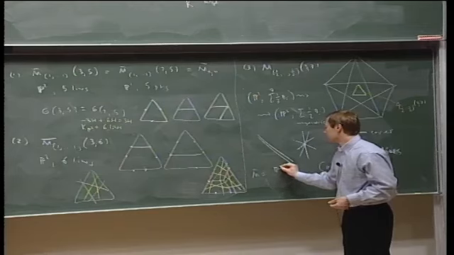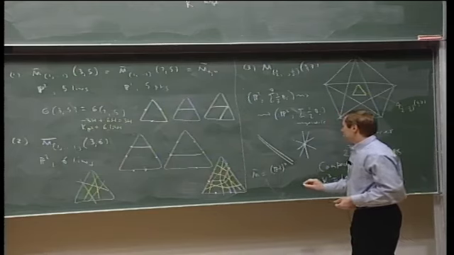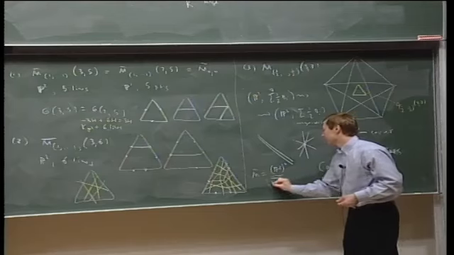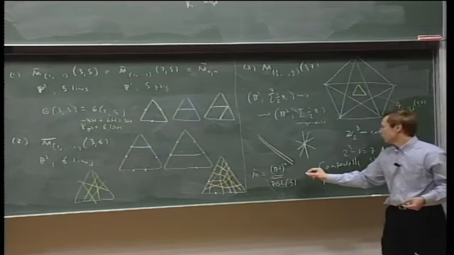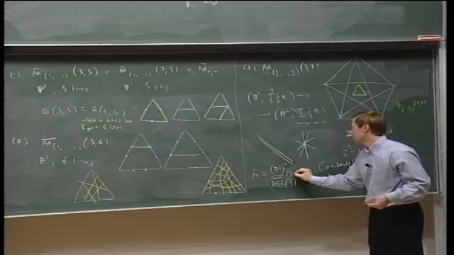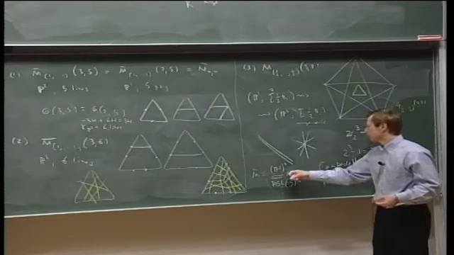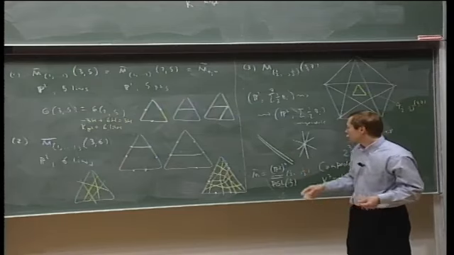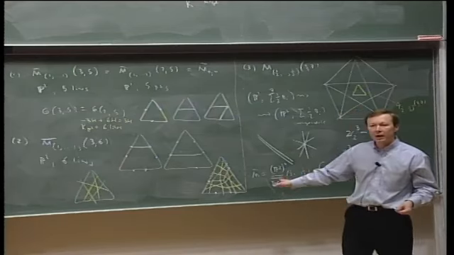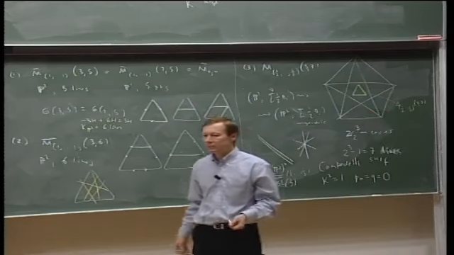It's just a GIT quotient for the central weight, 1/2, 1/2, 1/2, 1/2, 1/2. It's a smooth variety. Very nice.